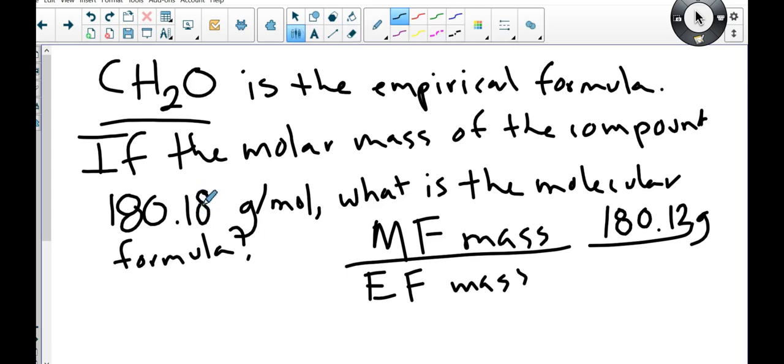So anyway, when I divide that, what's the molar mass? 16 plus 2.02 plus 12.01. So, 12 plus 2 plus 16. I guess like 34, maybe.